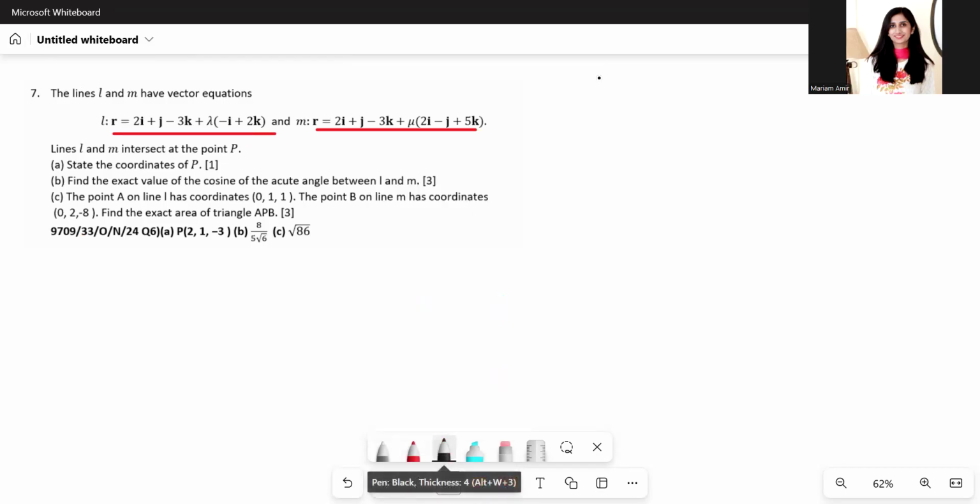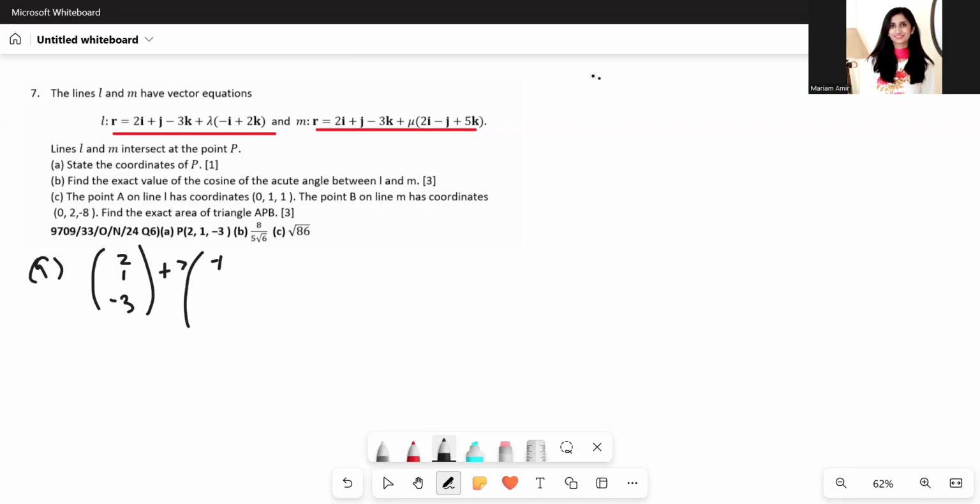So we write, the first one is (2, 1, minus 3) plus lambda (minus 1, 0, 2) equals (2, 1, minus 3) plus mu (2, minus 1, 5).